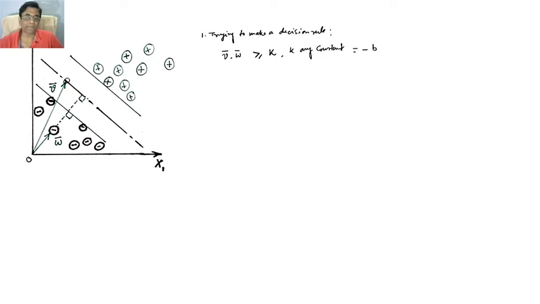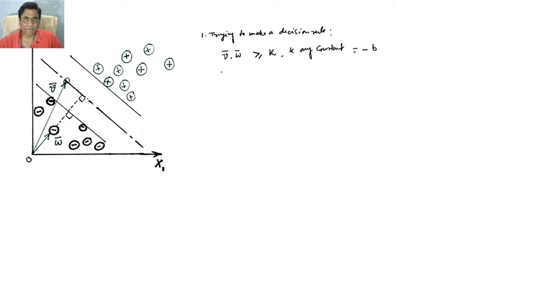Why minus b? Mathematical convenience, you will see. So if v dot w is greater than some constant, then it belongs to one class, and if less than k, it belongs to another class.